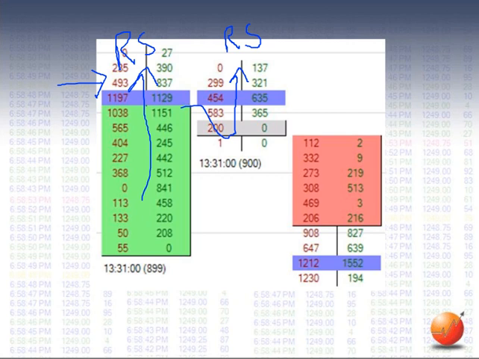Anybody ever heard of that? Okay. We make a high, we back down off of that, and we make a second high.